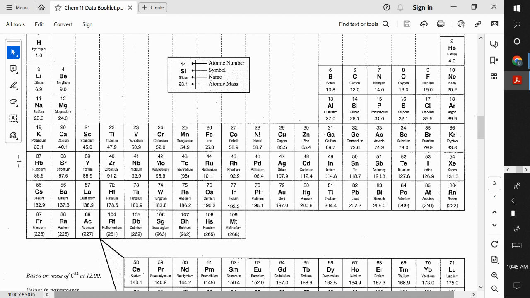Hydrogen has 1 valence electron. Helium has 2. Lithium has 1. Beryllium has 2. 3, 4, 5, 6, 7, 8. You just count. Okay?